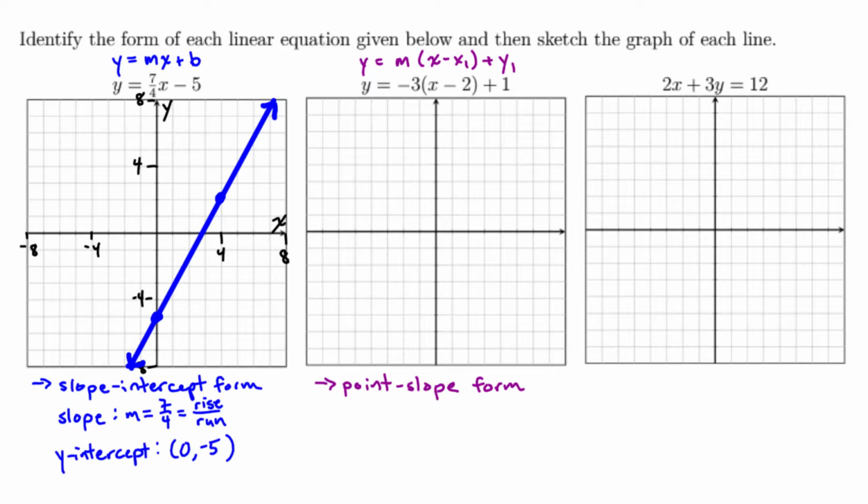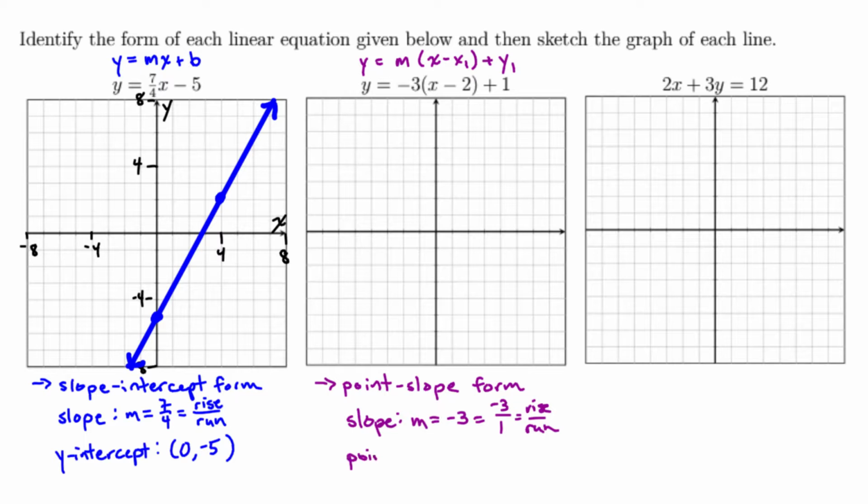So for the point slope form, we can identify both one point on that line and the slope. So let's start with the slope. That's our value of m, and that is negative 3. And in order to graph that, we'll write it as a ratio. So I'm going to write it as negative 3 over 1, and that is rise over run.